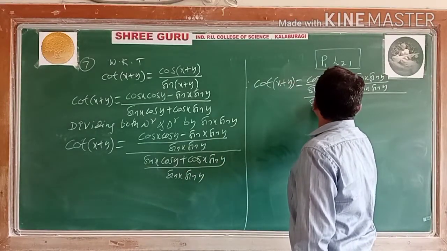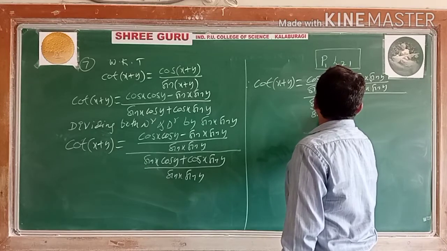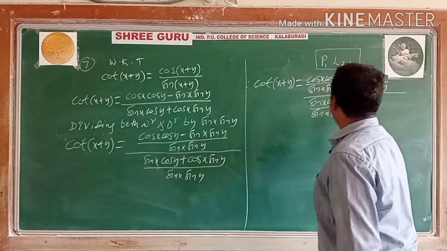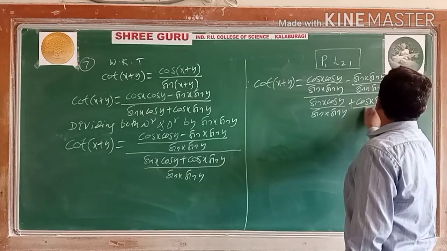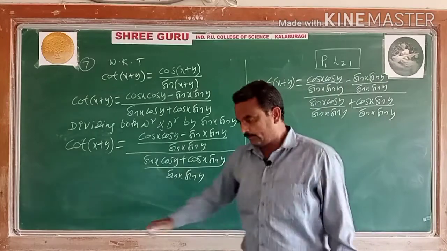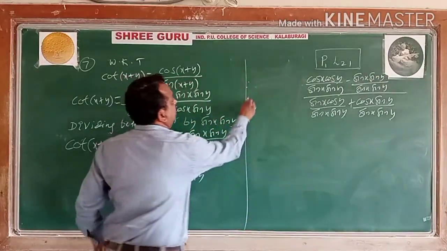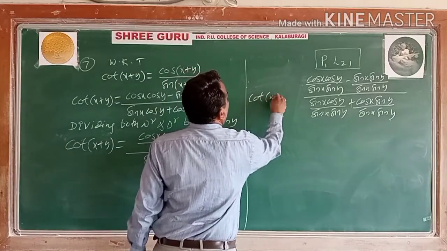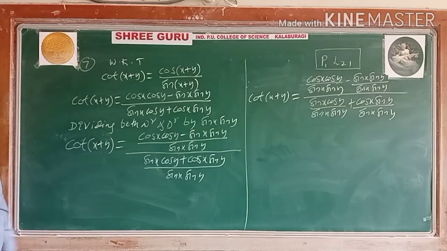Then here sin x cos y divided by sin x sin y plus cos x sin y divided by sin x sin y, divided separately.